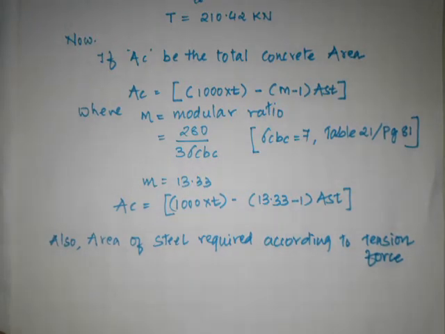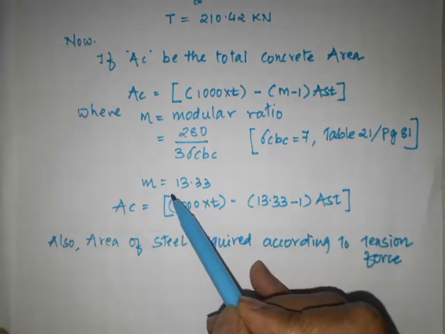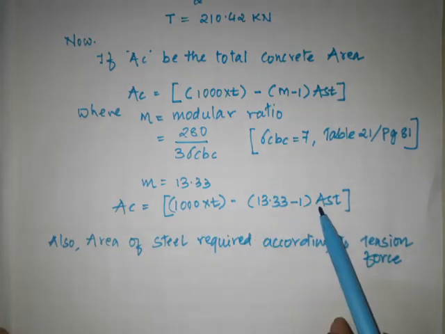First of all, you have to find out the modular ratio. Then you have to find out AST, which is required again here.